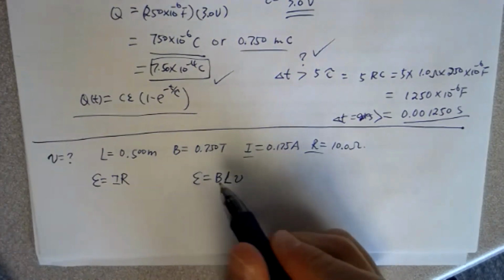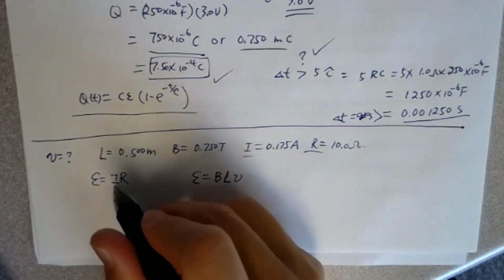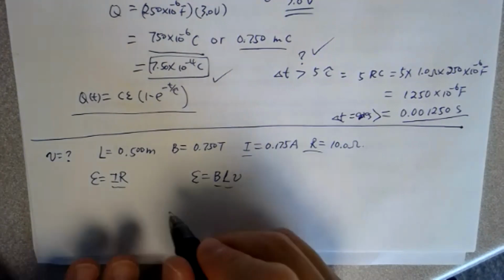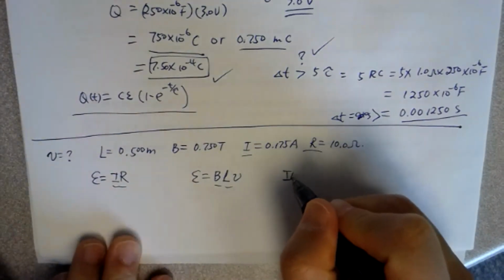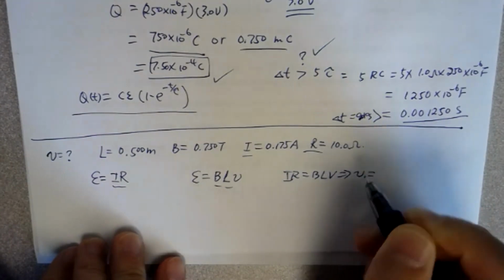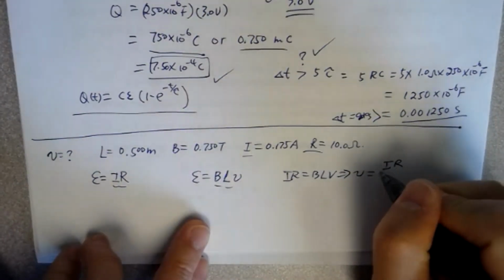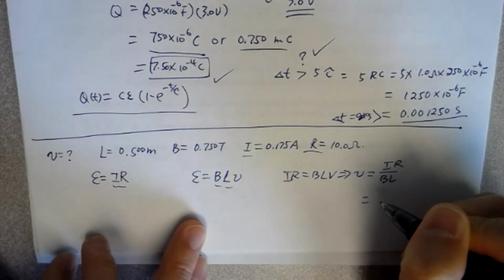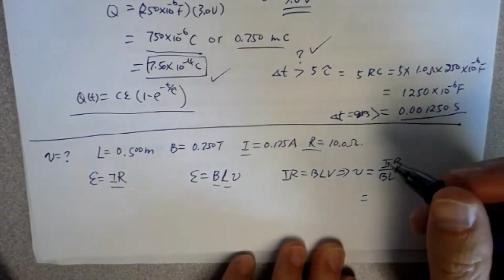So this equals that, and you are looking for V. So IR equals BLV, so V equals IR over BL. You'll just plug in numbers.